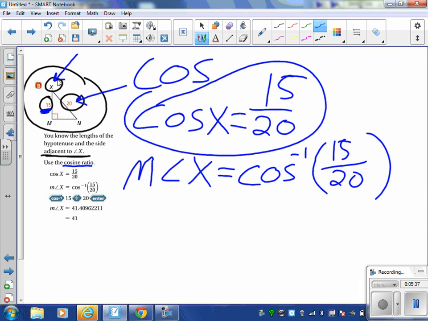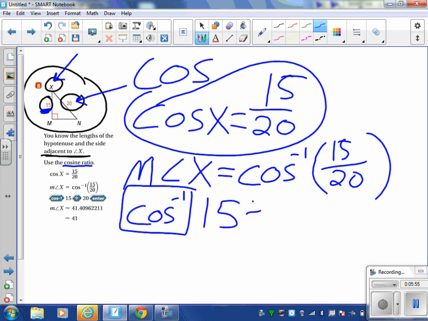I put that in my calculator similar to what I did with sine. I'm going to put in cosine -1 into the calculator, 15 divided by 20. Then hit enter.